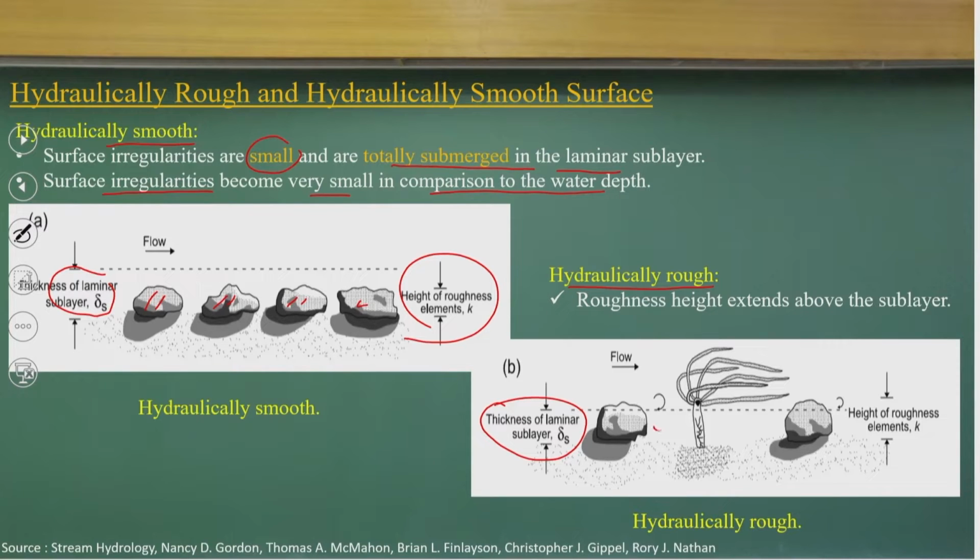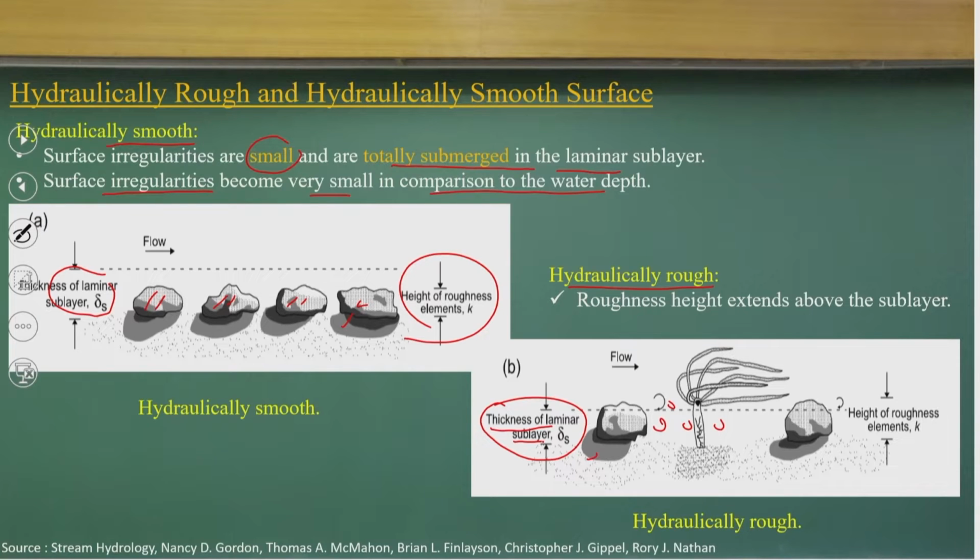Because of that, the eddy formations in this case will be different, because the surface roughness lies beyond the thickness of the laminar sublayer, inside the transition layer.